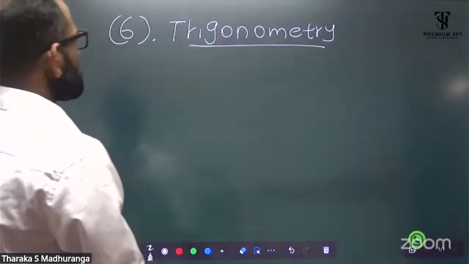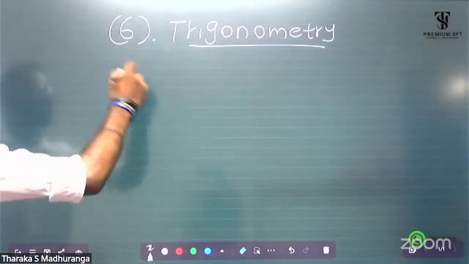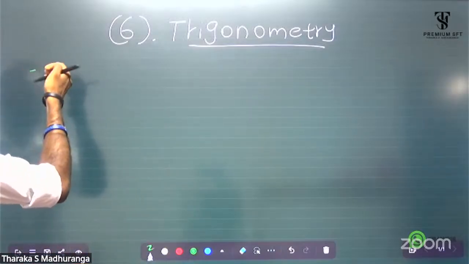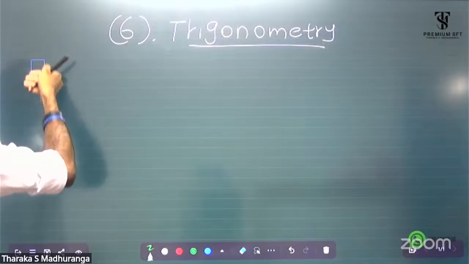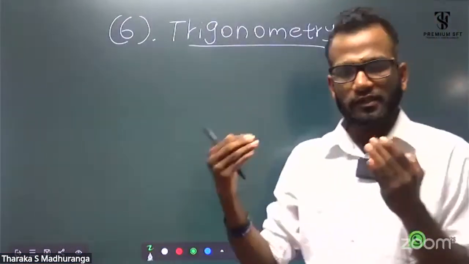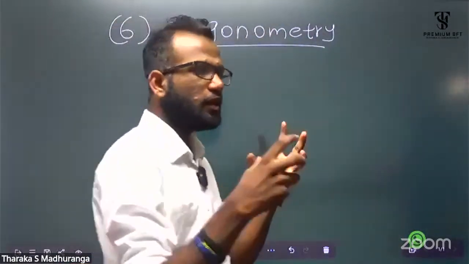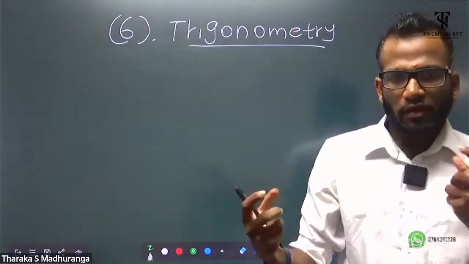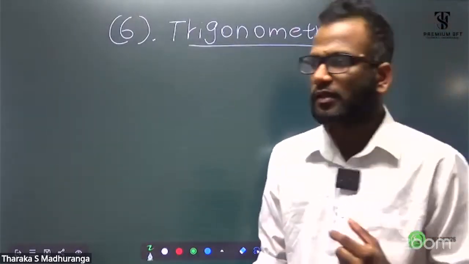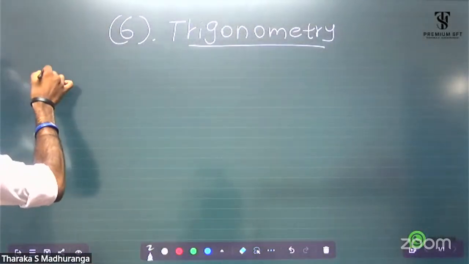Okay. The first one, write down the topic. Before that, what's the meaning of trigonometry? What we discussed in this lesson? In this lesson, we mainly discuss the relationship between angles and sides of triangles. First of all, what's the meaning of a triangle?